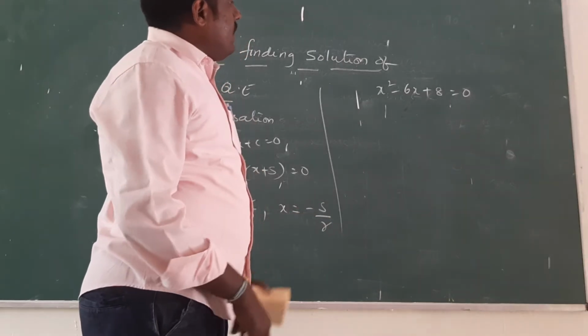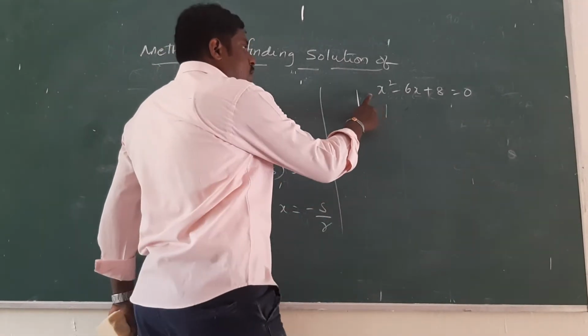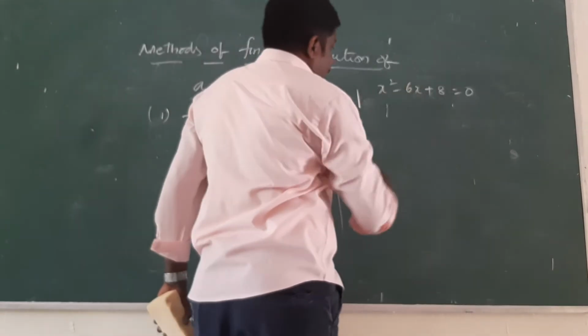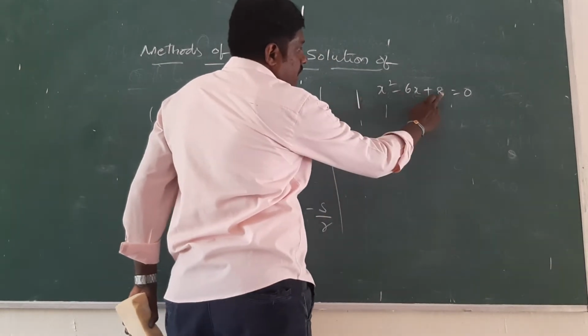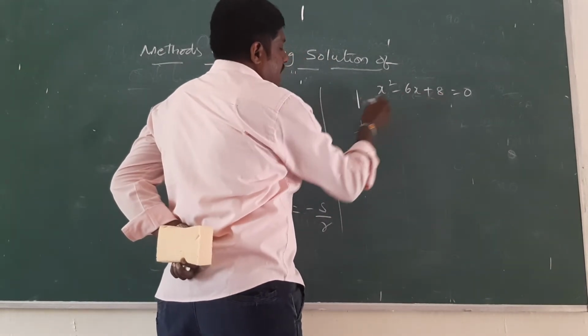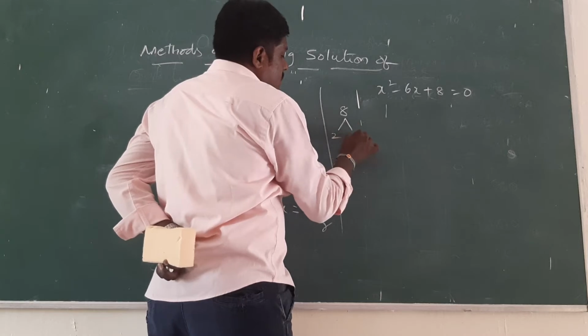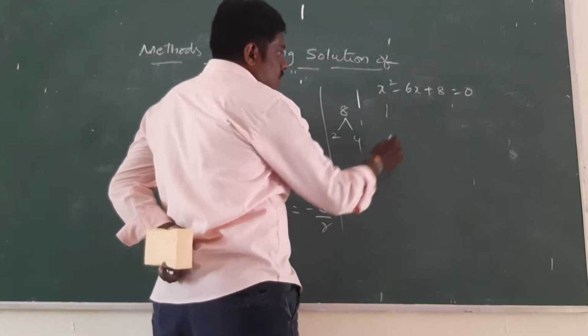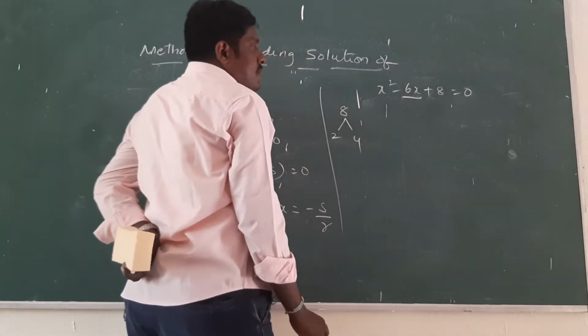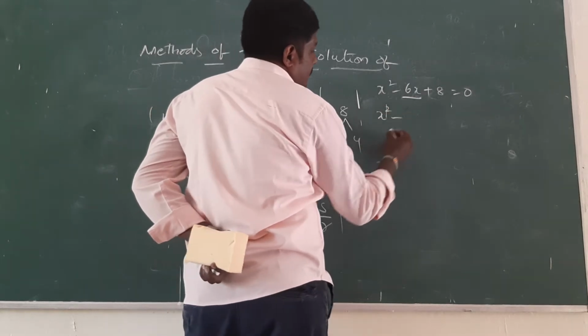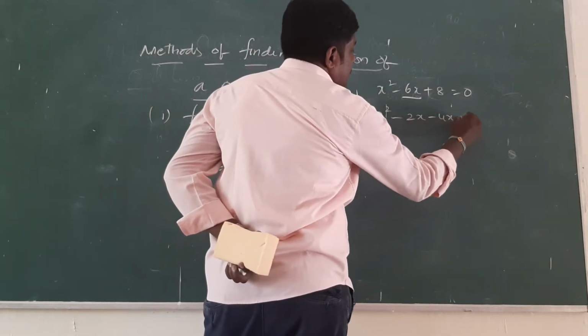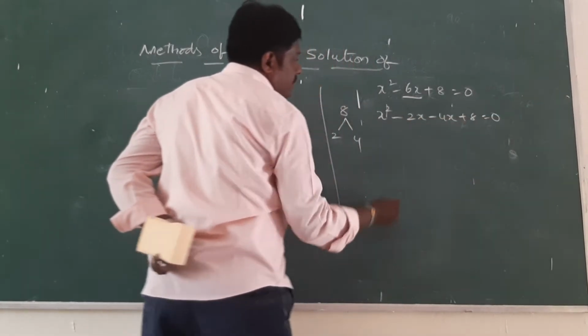The middle term is split using the product of the x square coefficient and the constant term. What is the x square coefficient here? 1. Constant term is 8. 1 into 8 is 8. This can be written as 2 into 4. 2 fours are 8. So this can be split in the form of x square minus 2x minus 4x plus 8 is equal to 0.